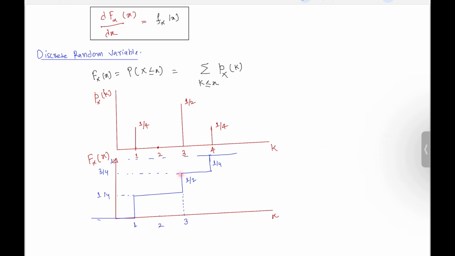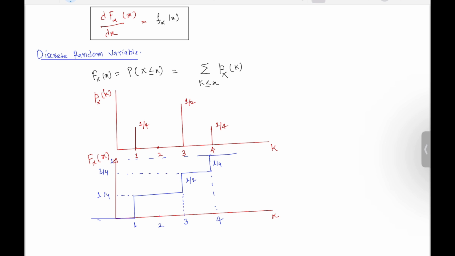We will be using this. I hope it is clear. Why? Because of the definition, and in the definition we are including this equality sign. So we need to include the probability till x equals 3 if we are asked to calculate this. I hope this is clear.